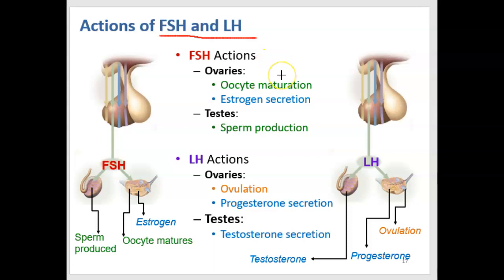But the things that are affected in the testes and the ovaries by FSH and LH include how mature do the eggs get, how mature do the sperm get, and the release of some of these, what we call sex hormones: progesterone, testosterone, and estrogen. So that's just kind of a general statement or function.